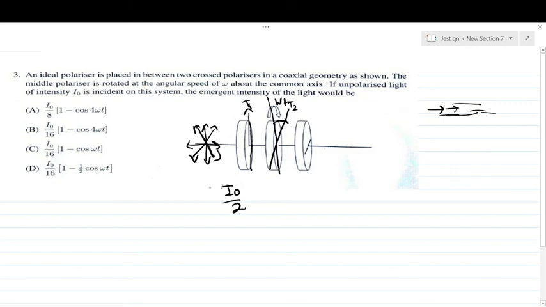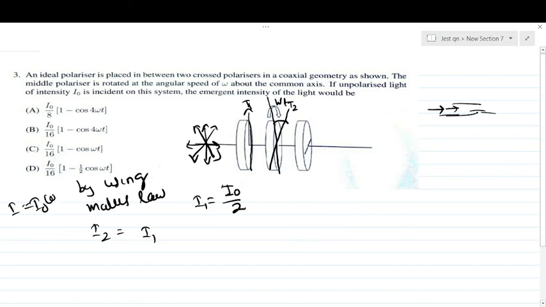So this is I1, and I2 will be found by using Malus law: I equals I naught cos square theta.